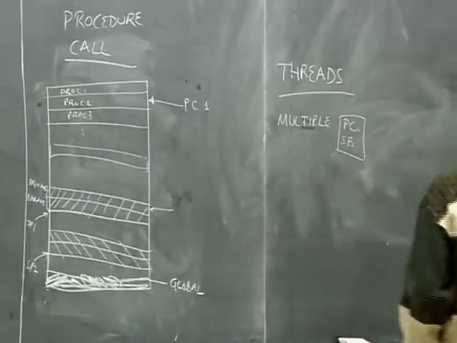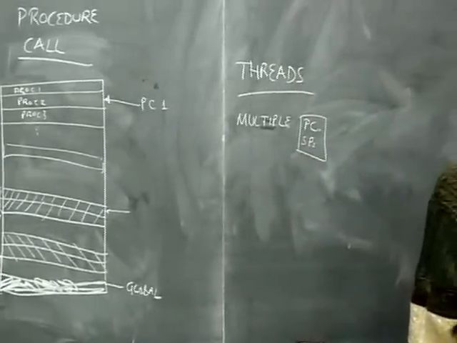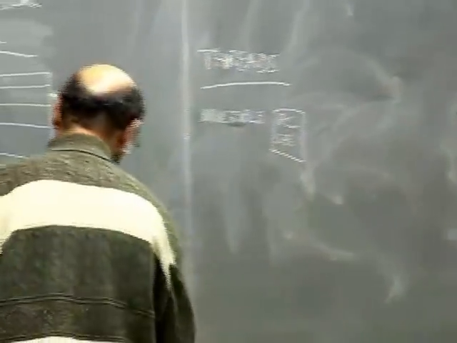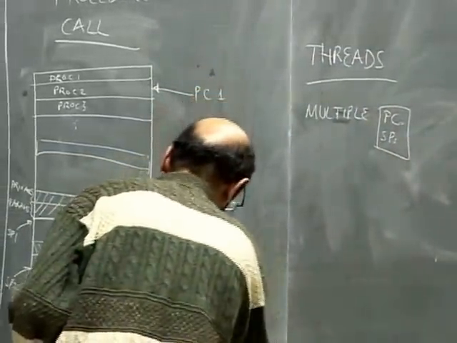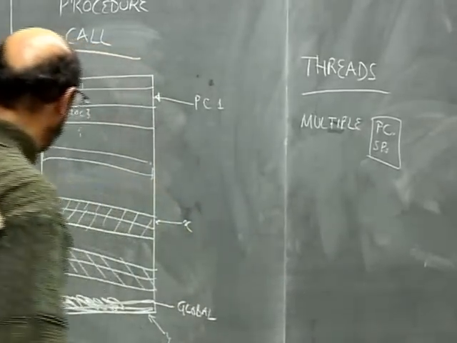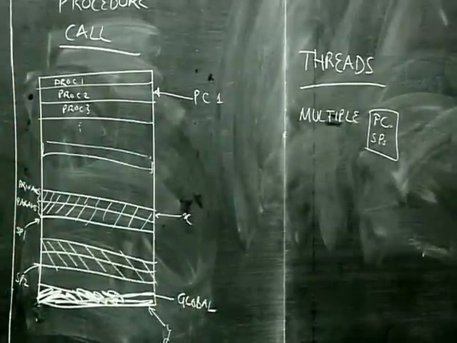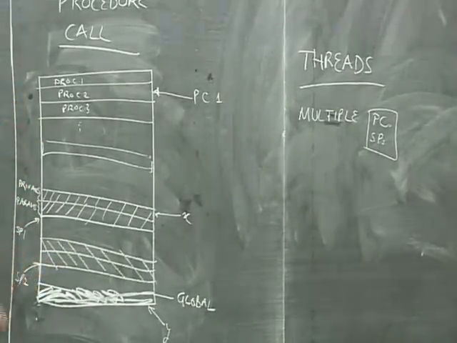If I define int y outside this, then y is going to be sitting over here. So x is over here, y is over here, and this global is available to all the threads. They can all see it. It's in the global space.